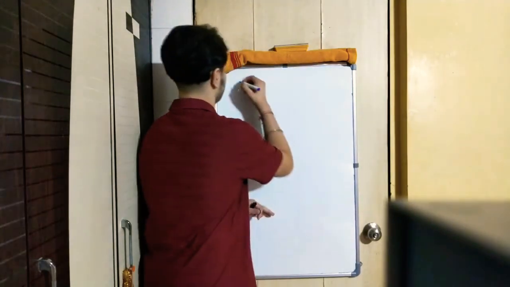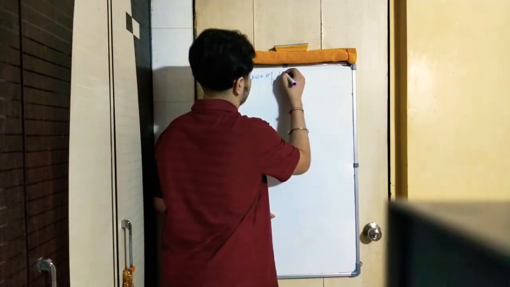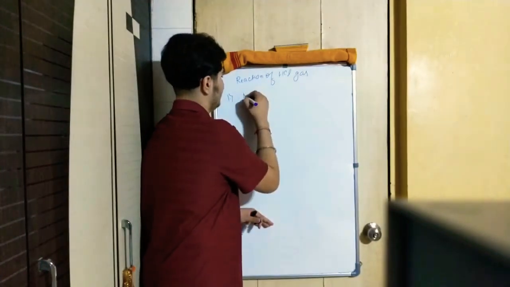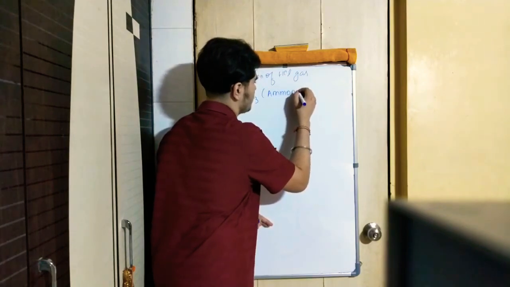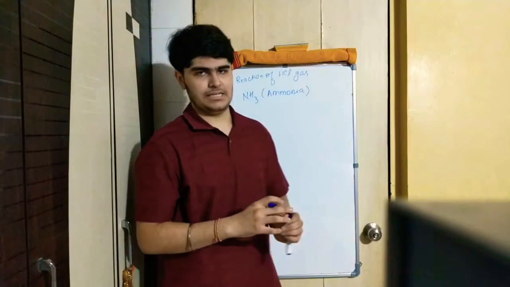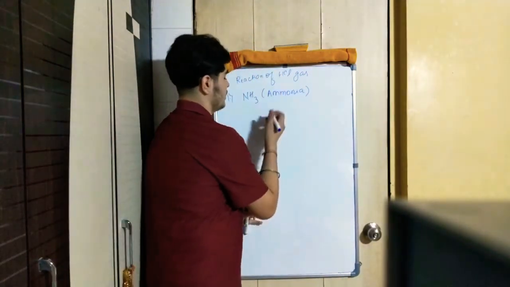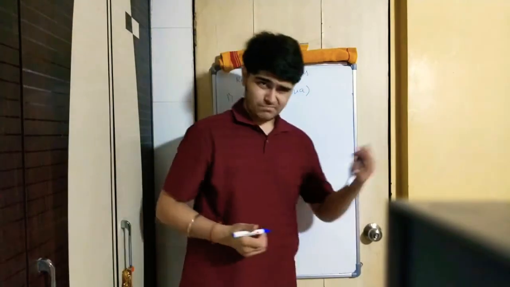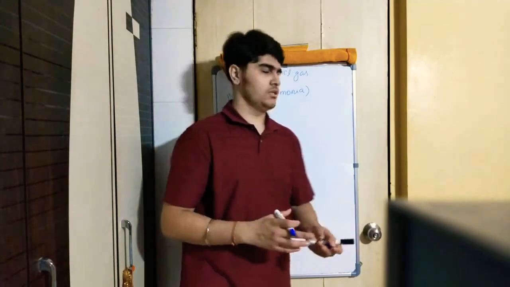Now we come to reactions of HCl gas. First we are going to try with NH3, which is ammonia. A jar full of HCl gas, as you know, is collected by upward displacement of air. This jar full of HCl gas is inverted over the ammonia solution or the ammonia gas.